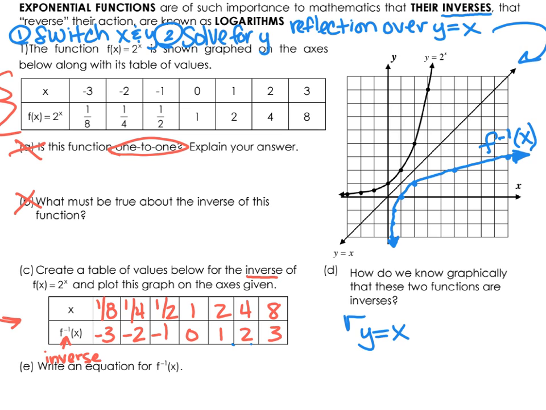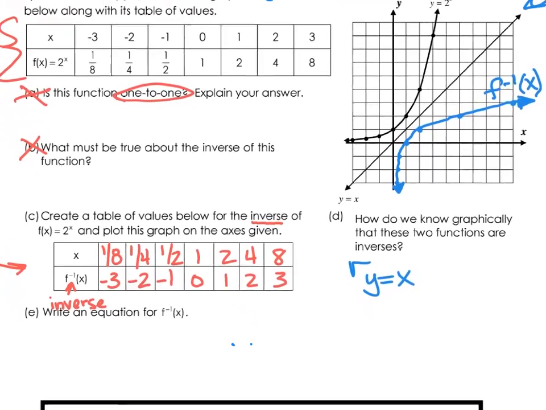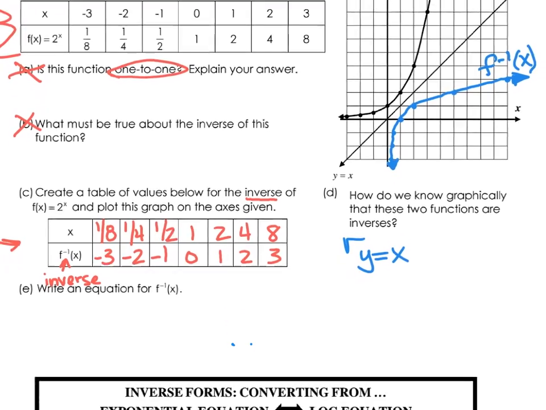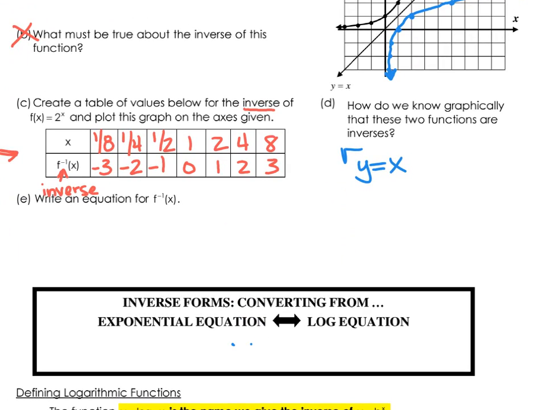Part E says, write an equation for the inverse. So if you remember, all we have to do is take the equation, and the equation from up above is f of x equals 2 to the x.